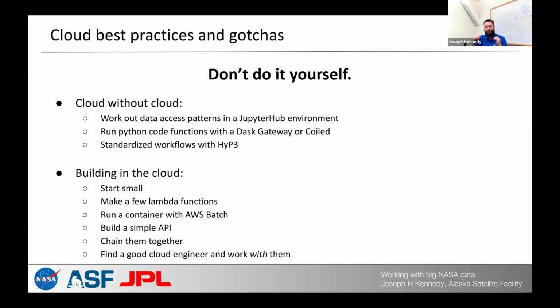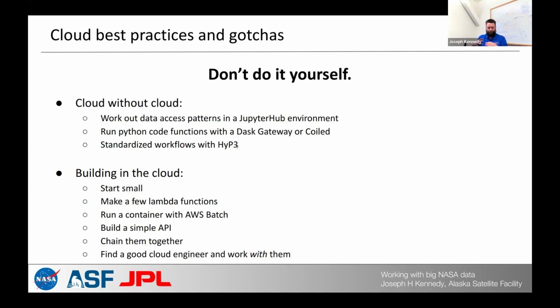If you're really just looking to run Python code and functions in the cloud, but not really scale in a high-throughput sense or run these standardized workflows with HyP3, and are really just in the exploratory analysis space, using the Dask gateways that are connected to these JupyterHubs, or Coiled, which lets you fire compute into your own AWS account without thinking about the Docker part of it, are really good options.